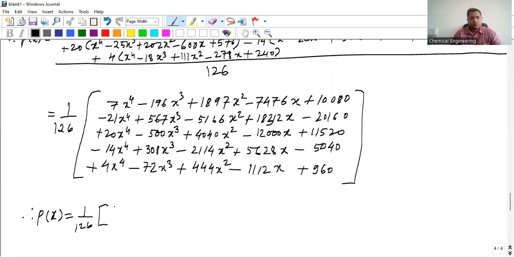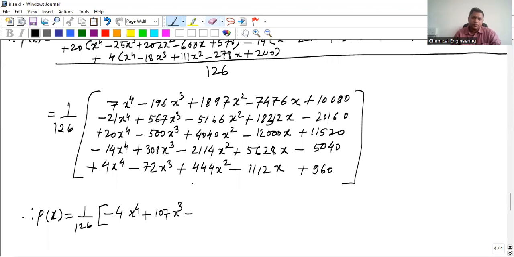Minus 4x raised to 4. What about this term? Plus 1077x cube.